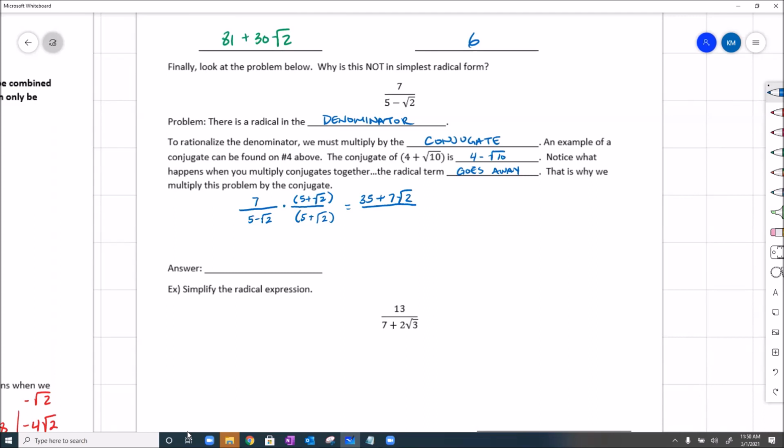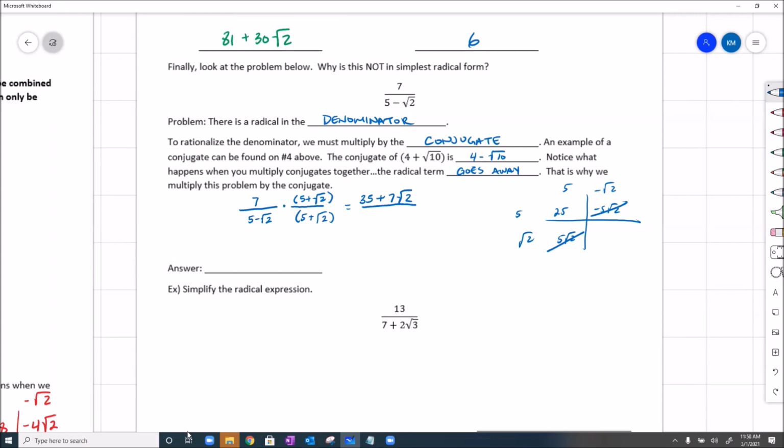In the denominator, we'll have to FOIL. I'm going to do that off to the side here. 5 minus radical 2, 5 plus radical 2. So I multiply this across. I already know I have 5 radical 2 and negative 5 radical 2. They cancel out.